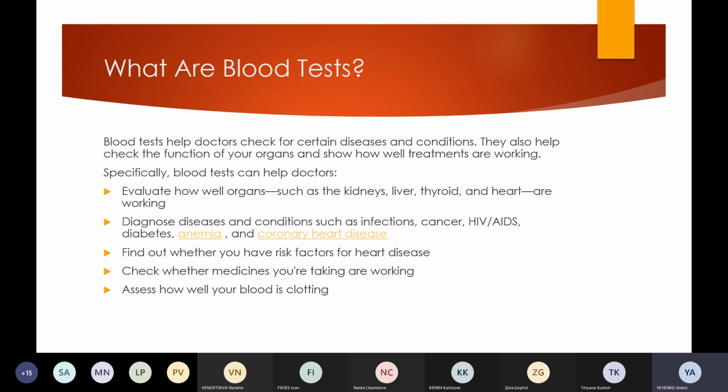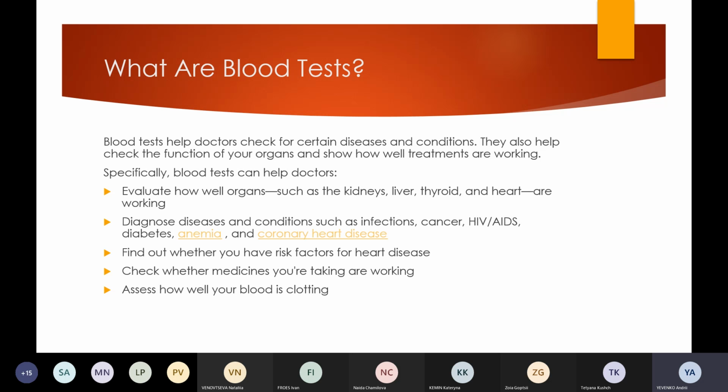So we will talk about blood tests today, and blood tests are prescribed by doctors to help us understand how the patient's body works. They evaluate how well organs function, for example, kidneys, liver, thyroid, and others. Using blood tests, we also can diagnose different diseases, especially infections, also cancers and so on.